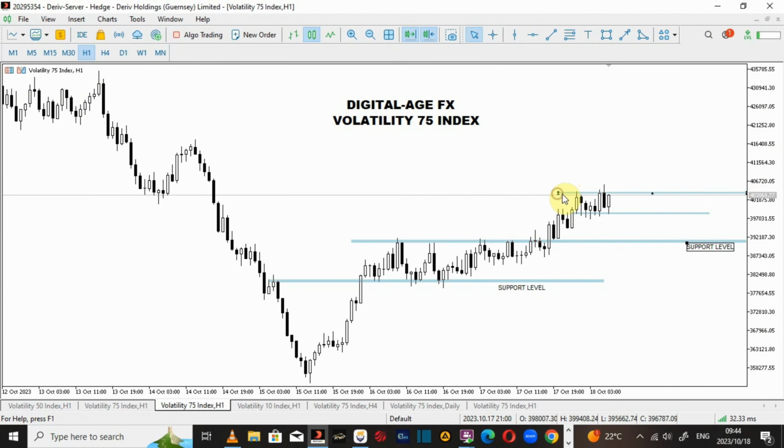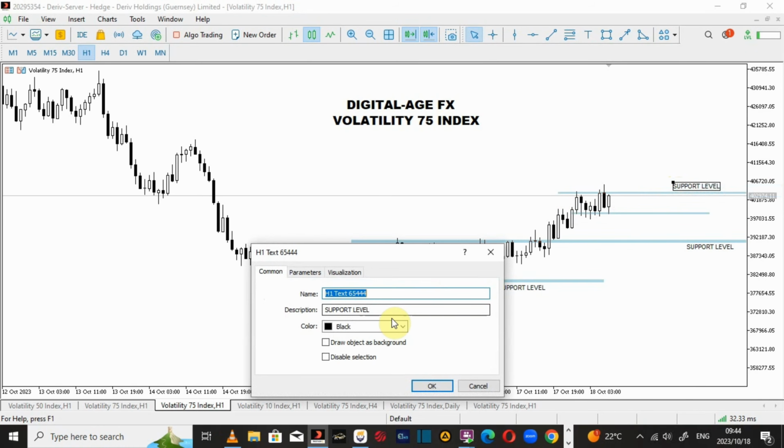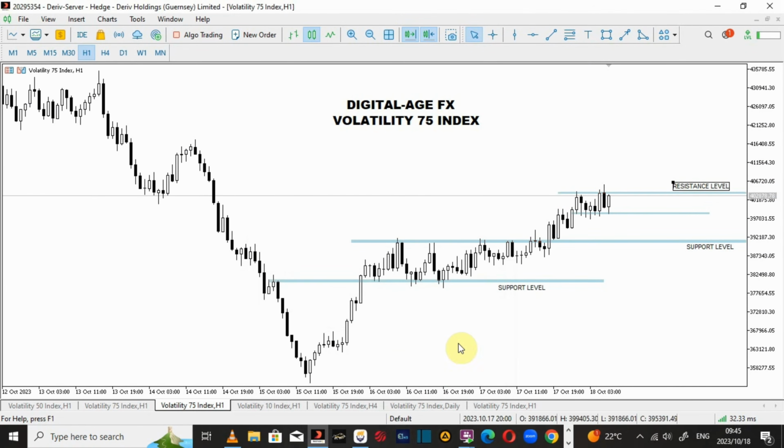Because now you are buying at the break of a resistance level, which is a supply zone, instead of selling at this level. It does work if you are swing trading VIX75 or any forex pair of your choice.